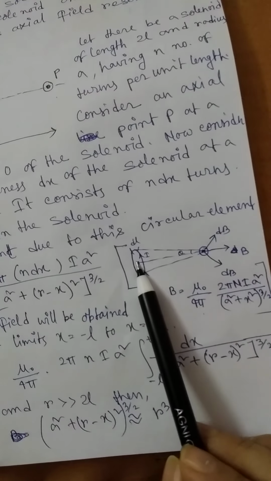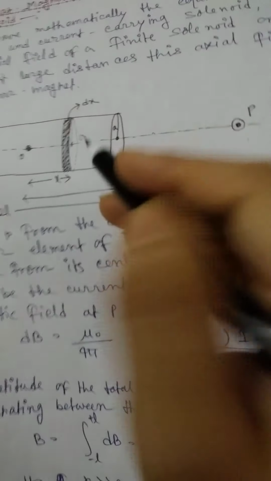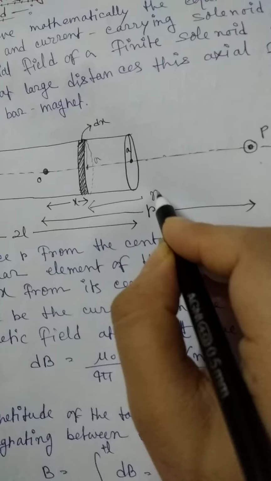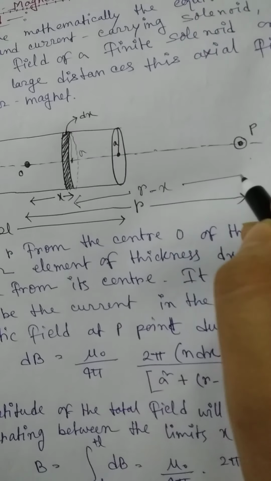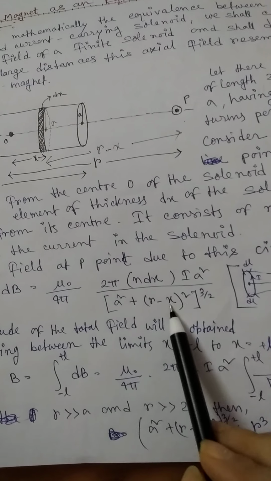What is x? x is the distance between this point and the center. So we have to take this distance, right? What about this distance? This distance is r minus x, right? So a square plus (r minus x) whole square, whole to the power 3 by 2.